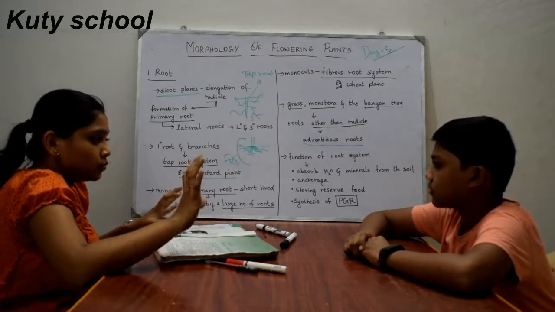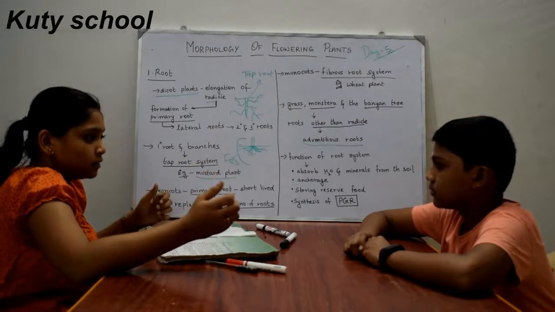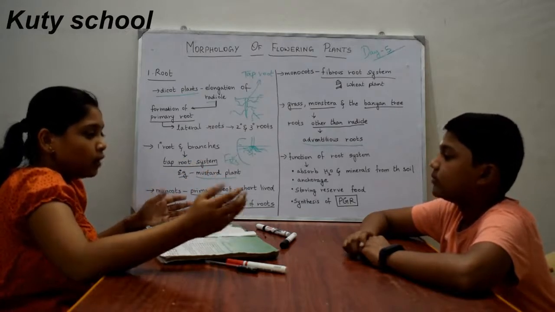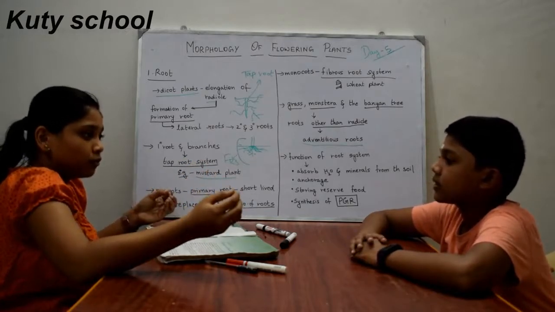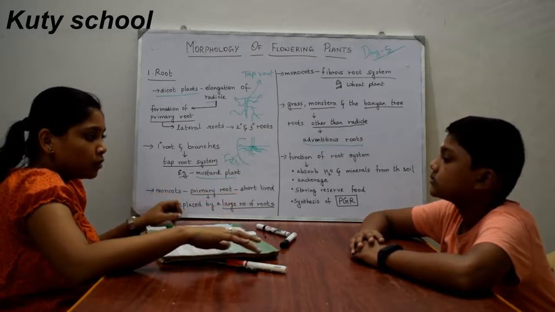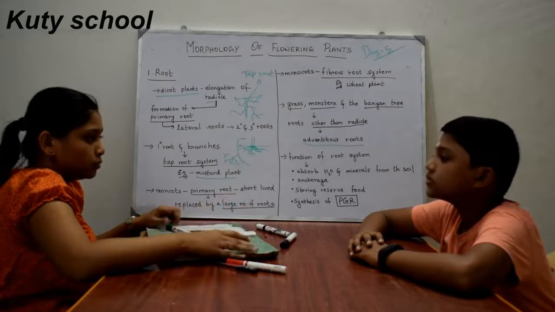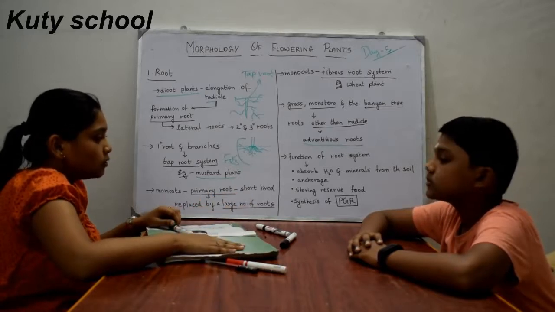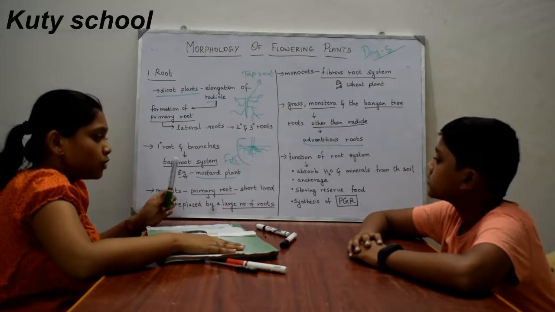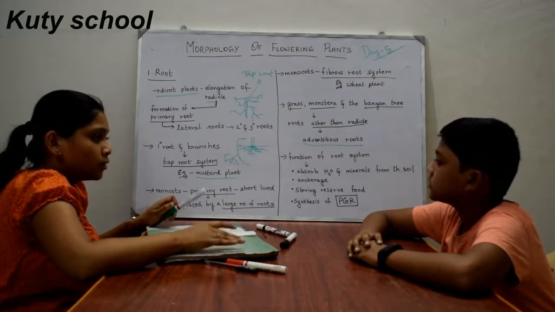Roots are also responsible for storing reserve food. The plants are photosynthesizing and making food, and if excess food is produced, it moves to the root and is stored there for some time. Roots are also responsible for the synthesis of PGR.